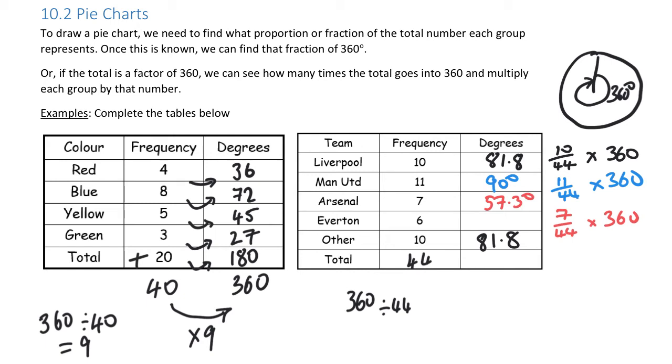And then Everton is 6 out of 44 times 360, which works out to be 49.1 degrees. And if we add up all these totals, we get 360 degrees.